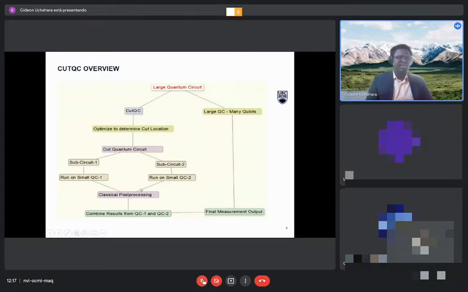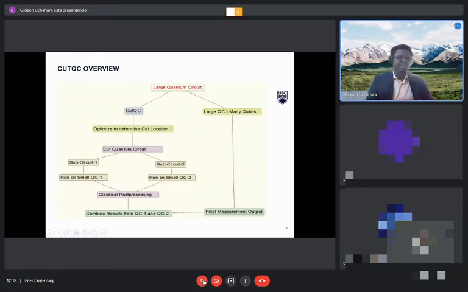So what then do you do from the result of the measurement? You combine these results using some classical post-processing. We use the quantum computer to measure the subcircuits, but you require some classical post-processing, which does not involve quantum circuits or quantum computers, to combine the results from subcircuit 1 and subcircuit 2.